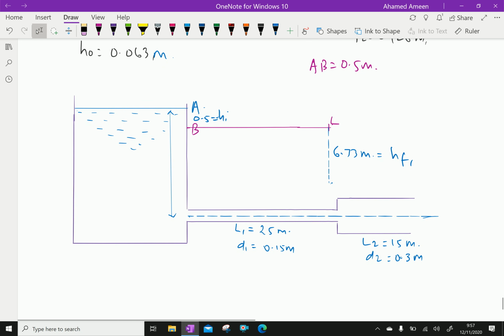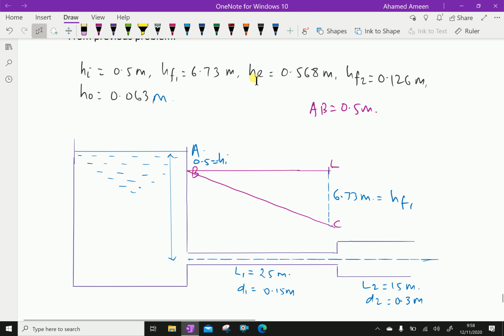Now join B to the point C. Then from point C, drop another perpendicular of 0.568.